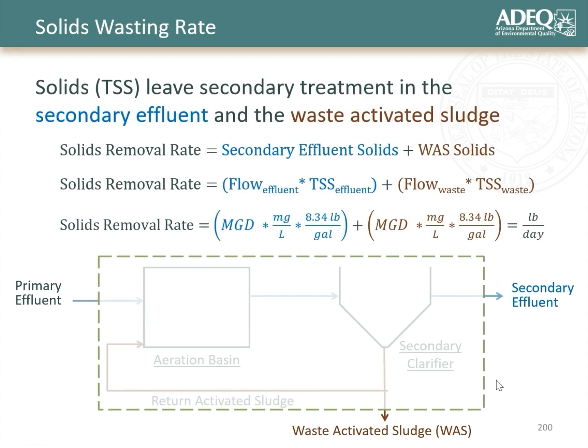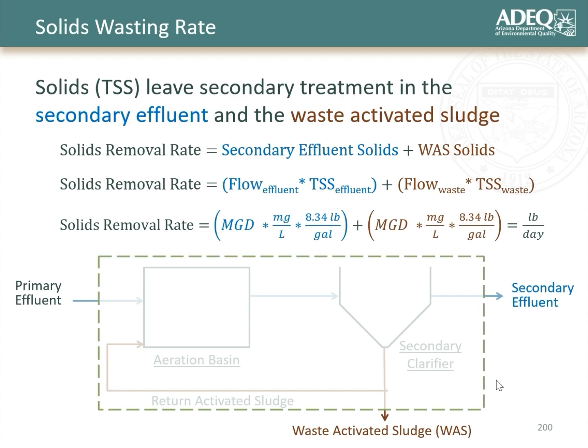Looking at the solids wasting rate, and once again, we're looking at the combination of the secondary effluent solids and the WAS solids. Well, each of these we can quantify by using our loading rate equation, which is the flow times the concentration times 8.34. So in the case of the secondary effluent, you take the secondary effluent flow of the wastewater treatment plant, times the concentration of TSS in the secondary effluent in milligrams per liter, times 8.34.